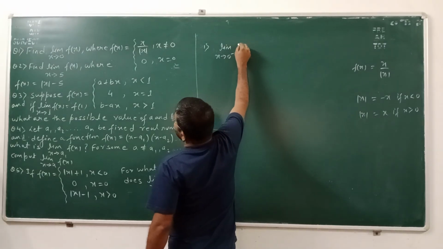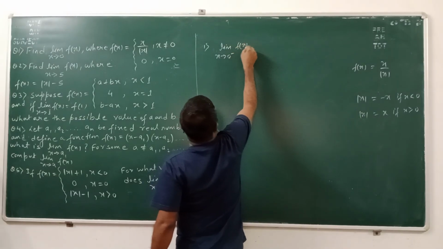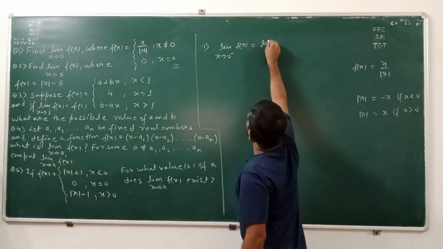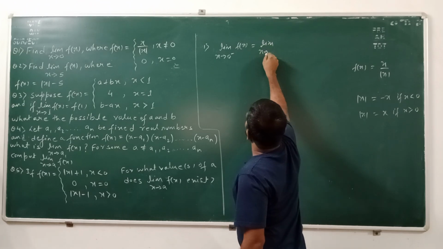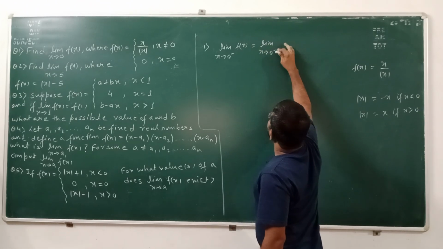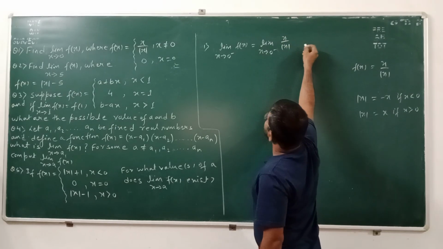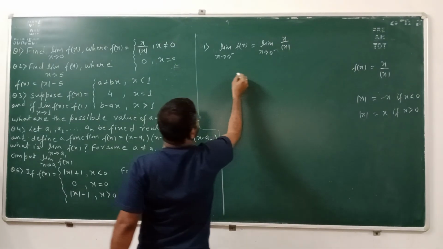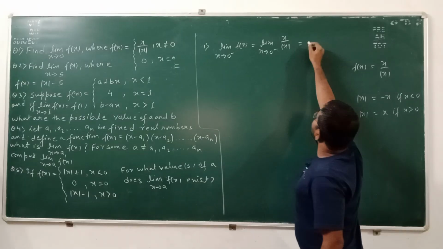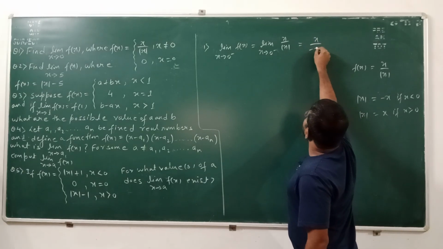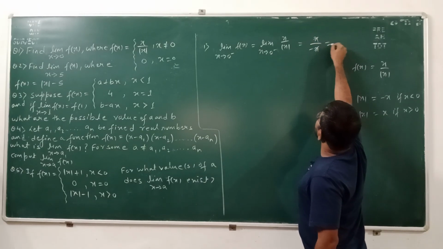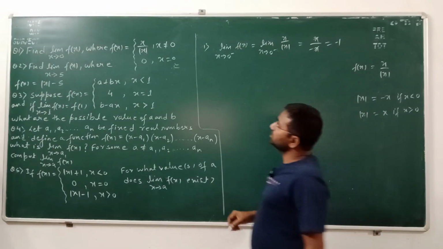So here f(x) is equal to limit x tends to 0 negative, x upon mod of x. Now x upon minus x, then x cancels each other, and minus 1 will come.